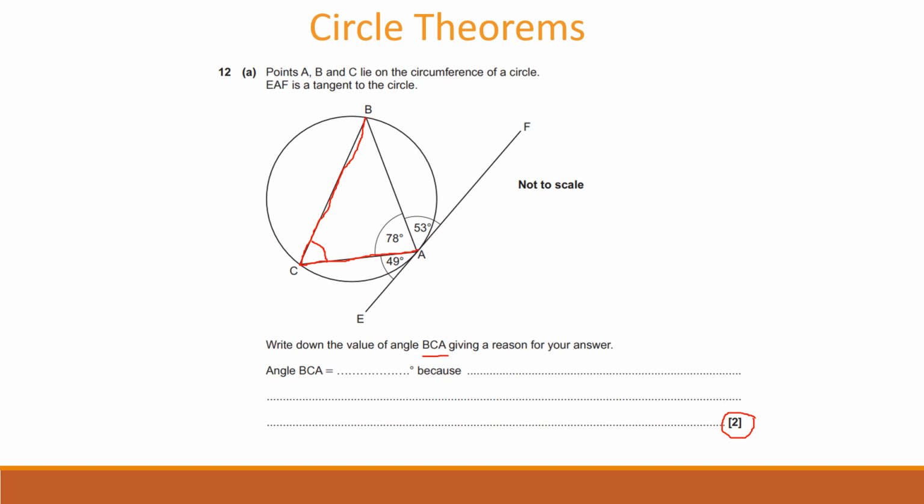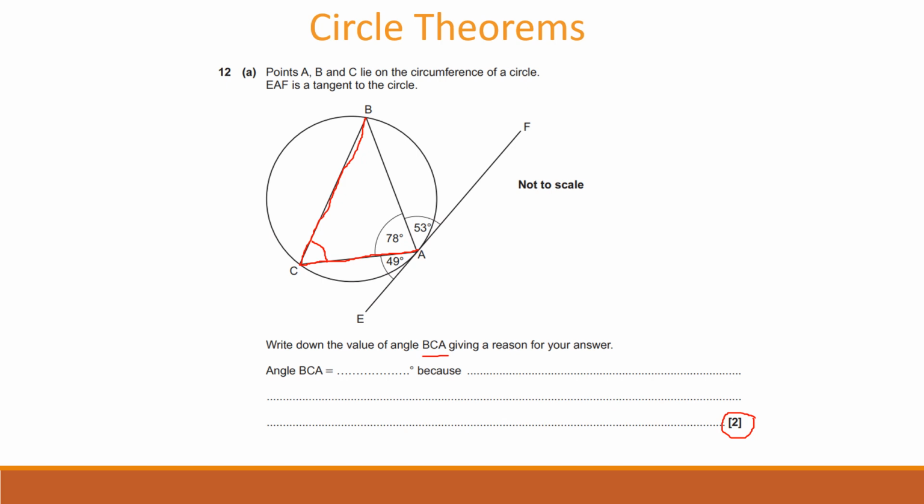Now to find this angle, we need to use a circle theorem. There are 8 circle theorems, and the one that we need for this one is probably the trickiest one to spot, which is the circle theorem which involves the alternate segment theory.